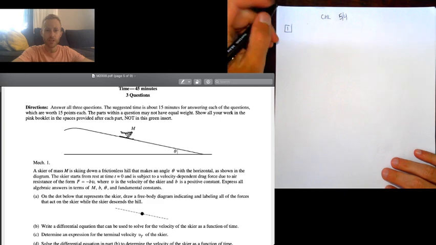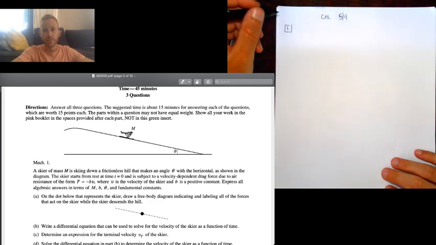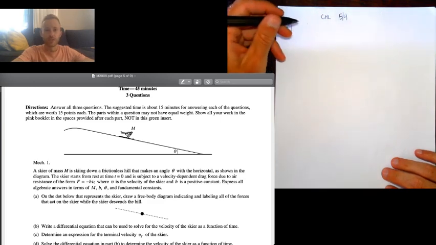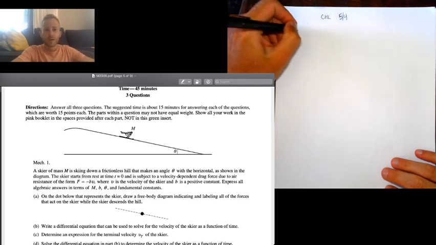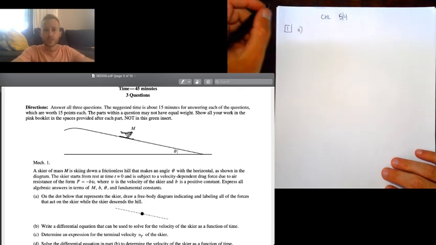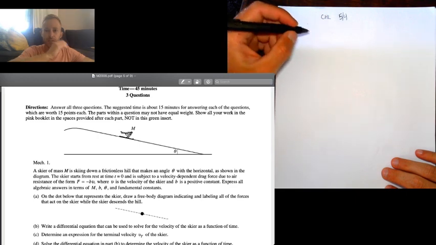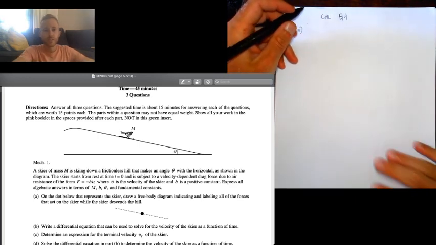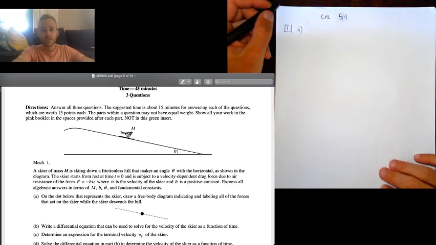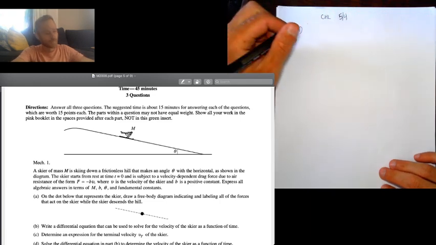Express all algebraic answers in terms of m, b, theta, and fundamental constants. On the dot below that represents the skier, draw a free body diagram indicating and labeling all the forces acting on the skier while the skier descends the hill.